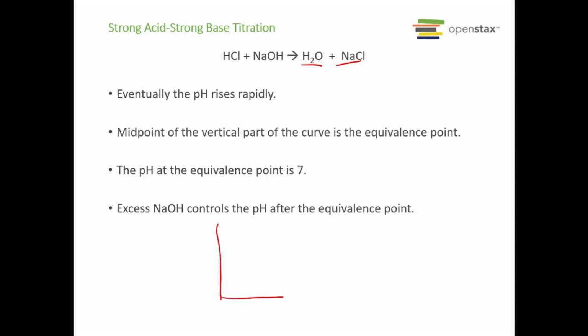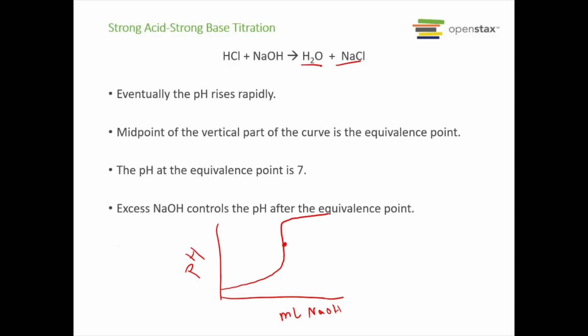So if we have this graph, we have pH on the y-axis, and generally it's the volume of base that we've added. As we're adding sodium hydroxide, we notice that the pH is slowly going up, and then all of a sudden we hit this point where it just skyrockets, and then it starts evening out.